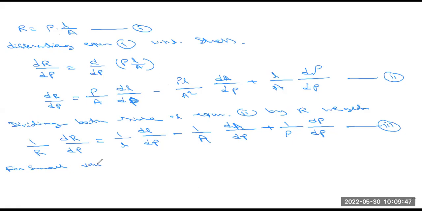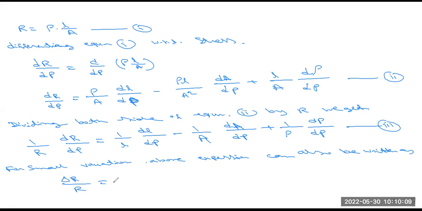For small variation, the above expression can also be written as del R by R equal to del L by L minus delta A by A plus delta rho by rho.